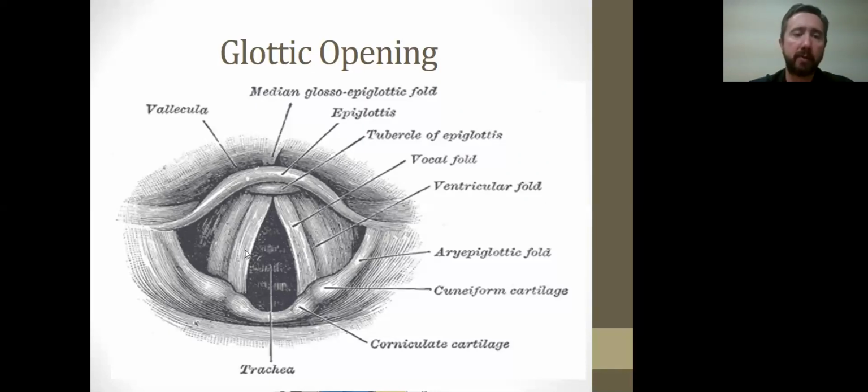Then of course these are the vocal cords here and the arytenoid cartilages here. So this is where you're specifically going to be passing the endotracheal tube. Probably a good review for most. All right.